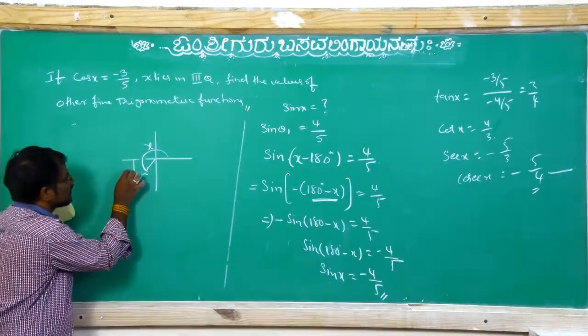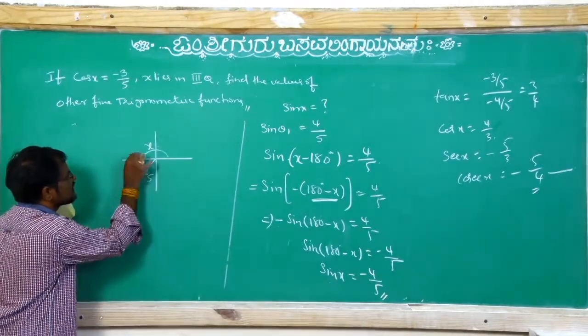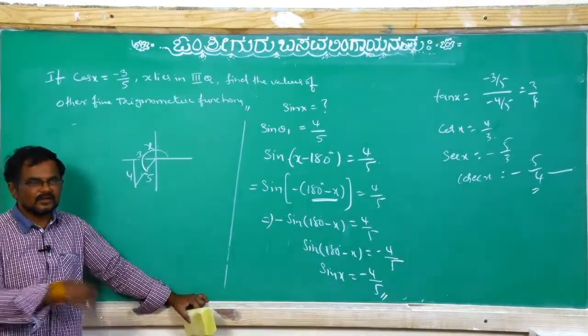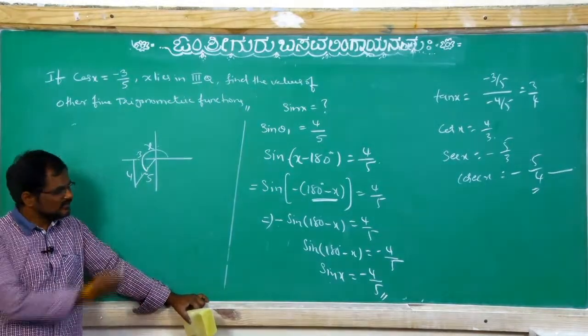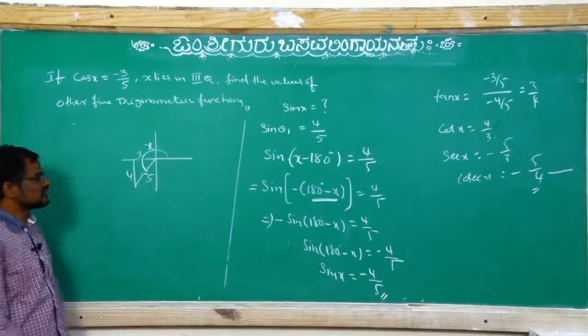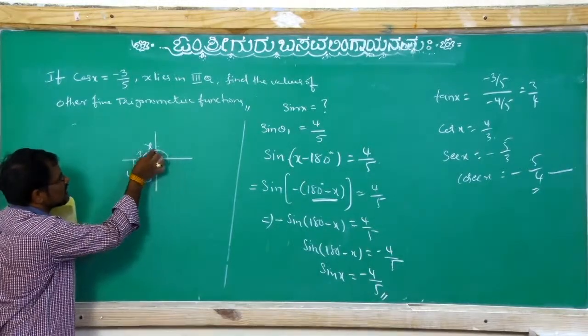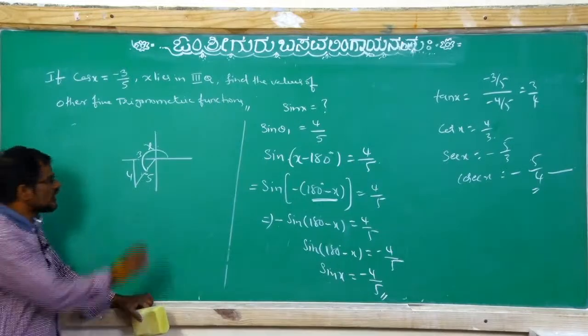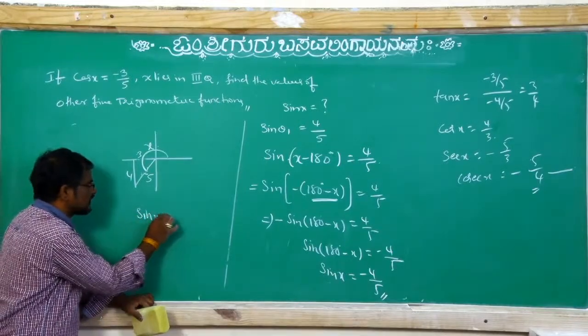So, here 4 is there, here 5 is there, here 3 is there, right? What we will do? This is the third method, easiest method. So, we will follow this only. This is x. So, you want sin x. What we will take?